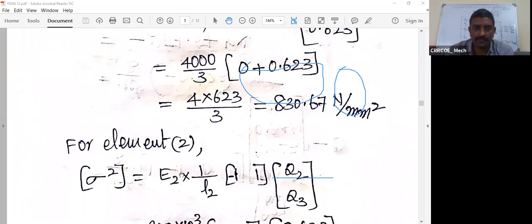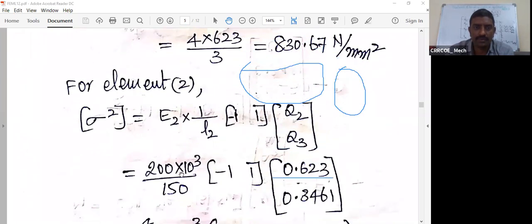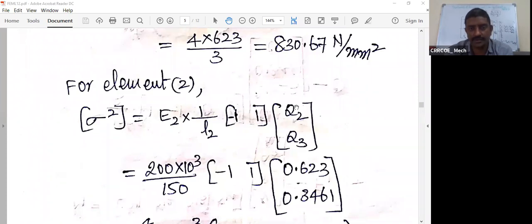For element 2, the stress matrix is equal to Young's modulus into B matrix into the nodal displacements on element 2, Q2 and Q3. So 210 cube by element length for the second element, element length 150, times minus 1, 1, with Q2 and Q3.